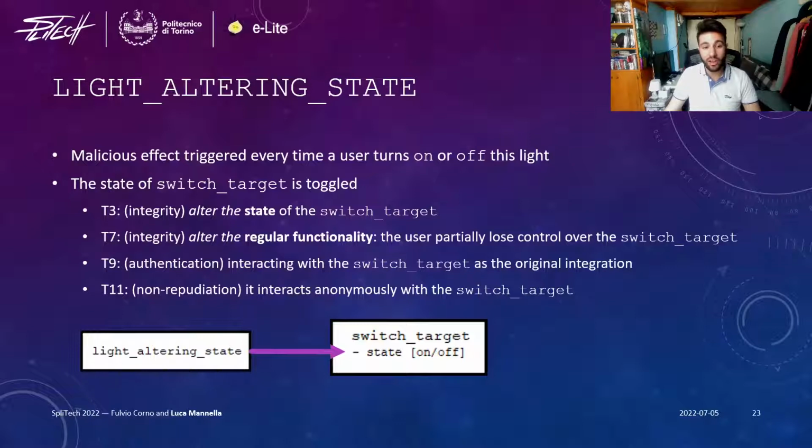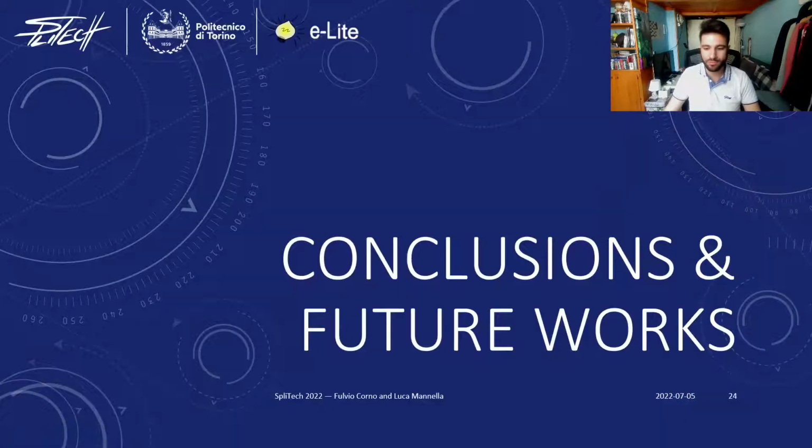It alters the regular functionality of the switch target because it partially prevents the user from using the switch target as he or she desires. Then, considering that the method for changing the switch state is called directly by its Python class, we are interacting with the switch target as the original integration. And in addition, the interaction is anonymous. There is no way to know which integration has triggered this change.